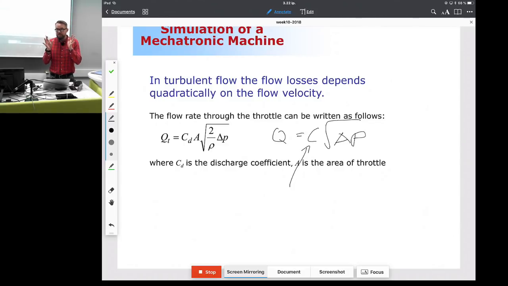That's the idea. This C will be a function of spool position and everything else that is important for this component. We can add more details than this, of course, but then the computation will be very heavy and no longer serves the purpose. Okay? Did you follow me?